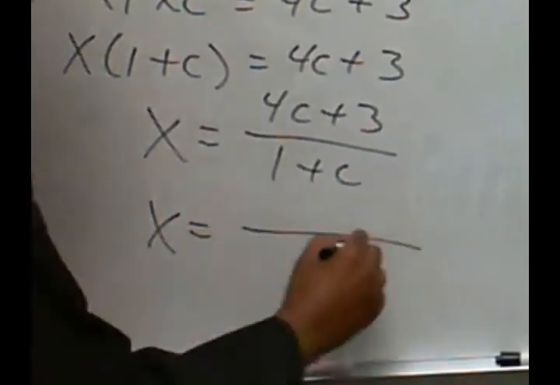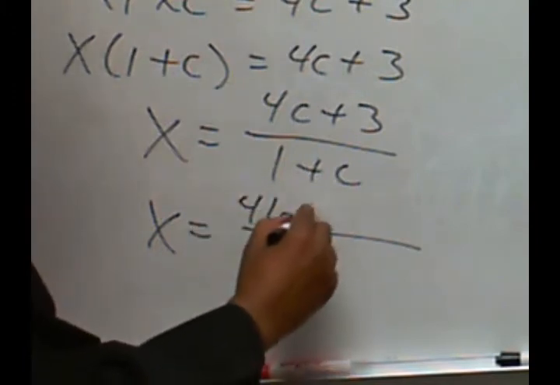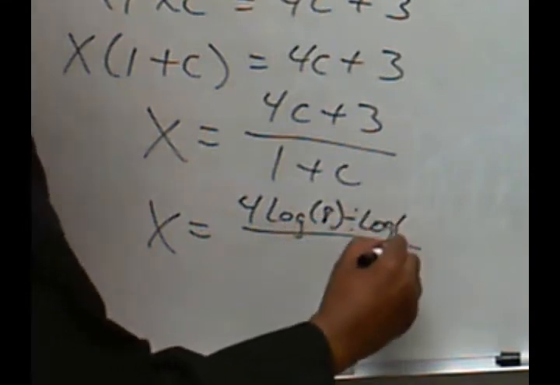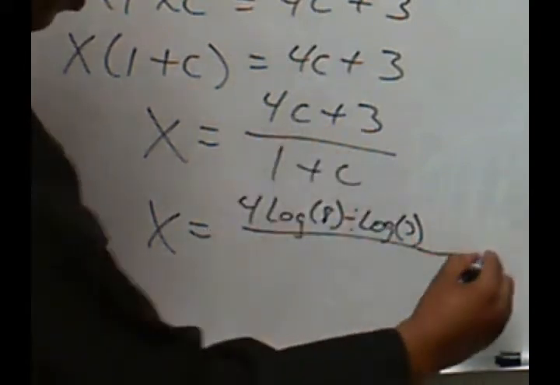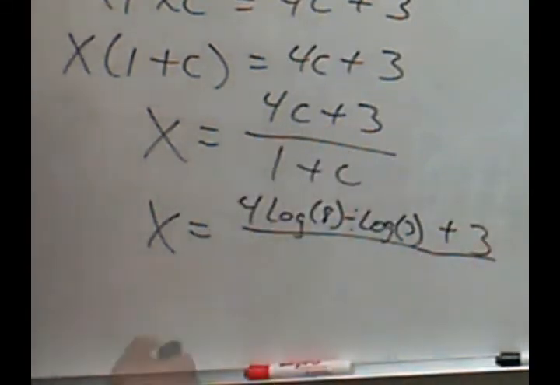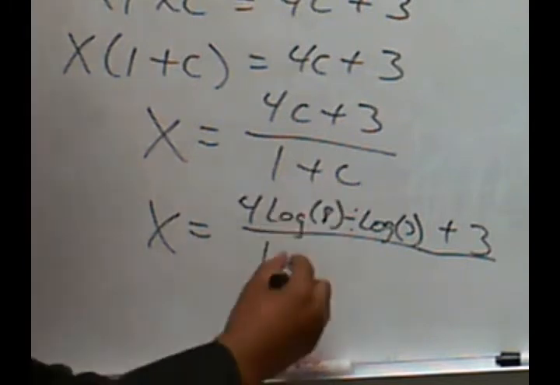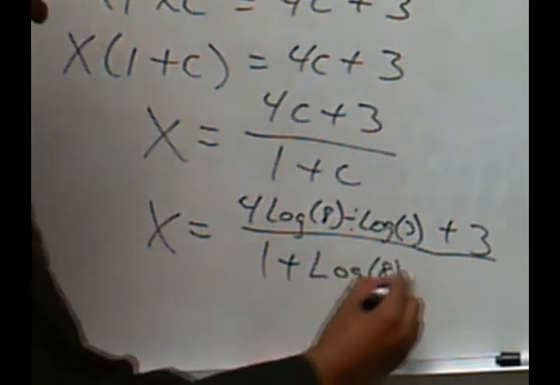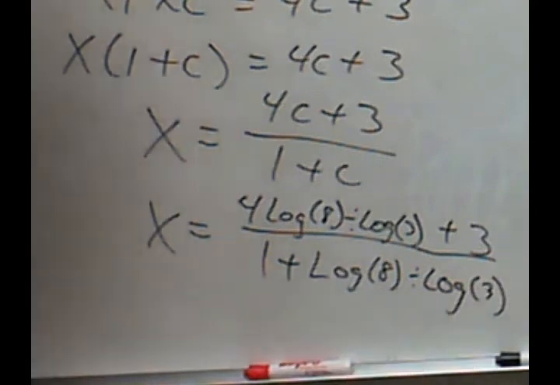So x equals 4 times log base 10 of 8 divided by log base 10 of 3, and then plus 3, all over 1 plus c again, which is log base 10 of 8 divided by log base 10 of 3.